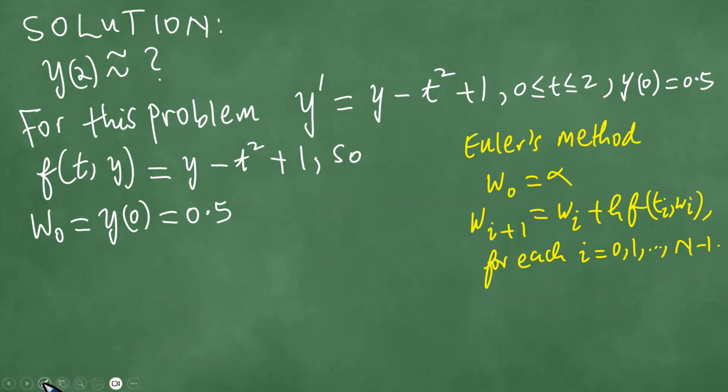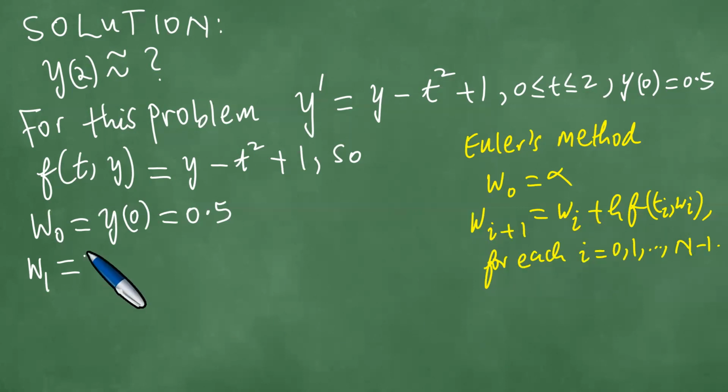Now, what is all this here? We're going to use this one to find the rest of the successive values. So in other words, the initial value is this one. What is W1? To get W1 means i is 0 here.